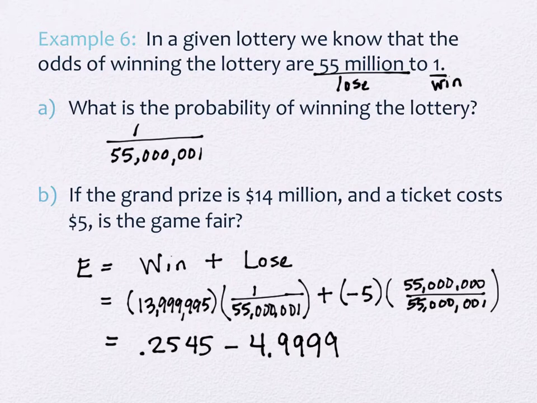That would be okay. But what we want to do is take that value and add on the 0.2545. It's a negative value. And we are looking at money, so we are going to round to 2 decimal places. I have it being negative 4.75 if I round.